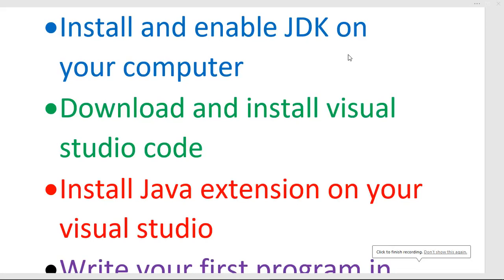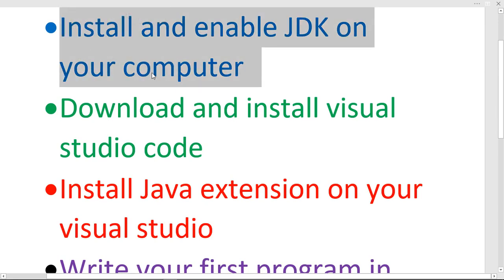So today I want to tell you how you can run Java program on your Visual Studio Code. In just 4 steps, you'll be able to write your program in Java on your Visual Studio Code. So first of all, you need to install and enable JDK on your computer.